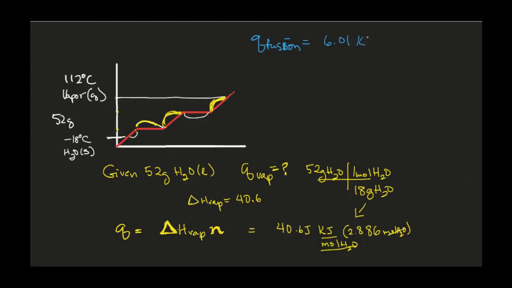So 6.01 kilojoules per mole times the 2.886 moles from earlier that we calculated here gives you 17.34. And this had again 2 sig figs, I believe, right? So let's just say 17 kilojoules.